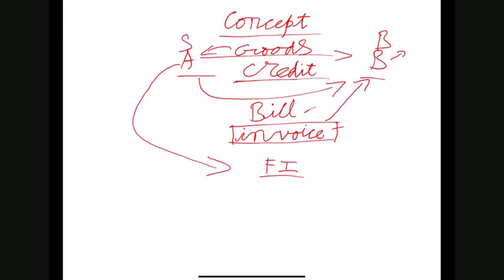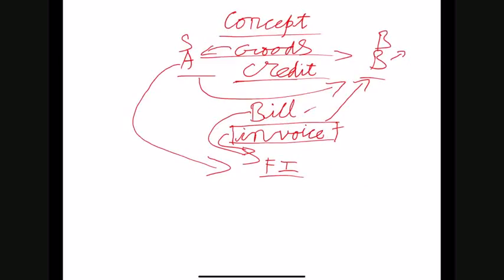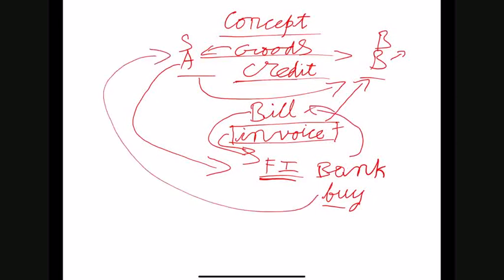In case it is a bill, it is discounted. Bill or invoice, it is discounted. This is called bills discounting. We are discussing factoring. In this case, the financial institution, say for example a bank, will buy the bill from A, the seller, from me.